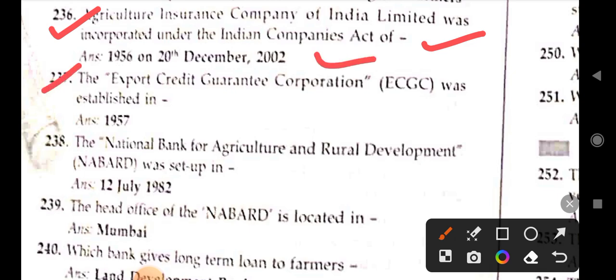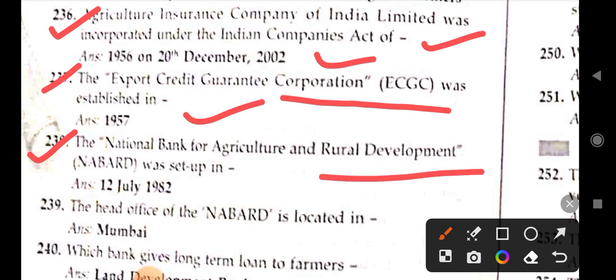The Export Credit Guarantee Corporation (ECGC) was established in 1957. The National Bank for Agriculture and Rural Development (NABARD) was set up on 12th July 1982. The head office of NABARD is located in Mumbai.